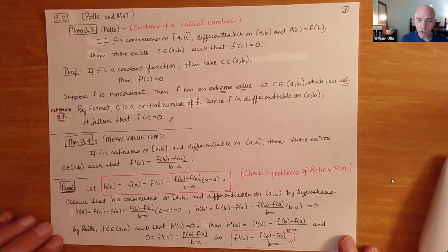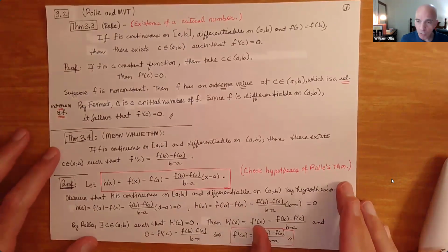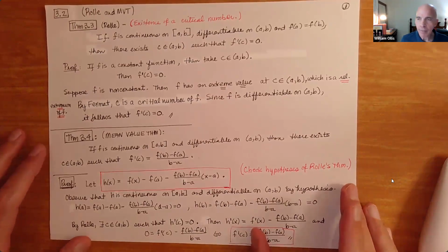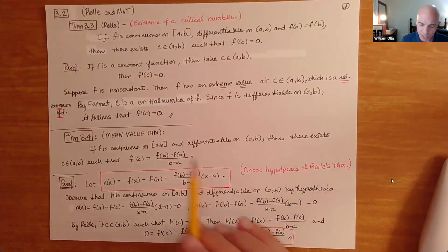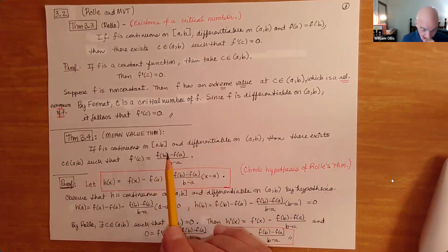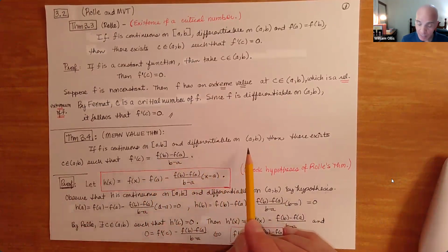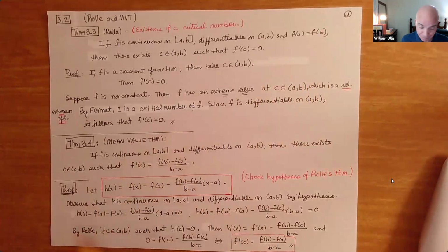Now, the next result, likewise, very straightforward, and we get some nice pictures for it too. This result is called the mean value theorem. Now, when we think about the hypotheses, you notice here we have the continuity on the closed set, and we have the differentiability on the open set, but we are not required to have f of a equal to f of b.